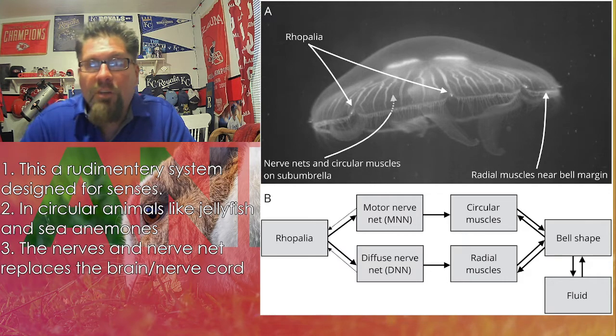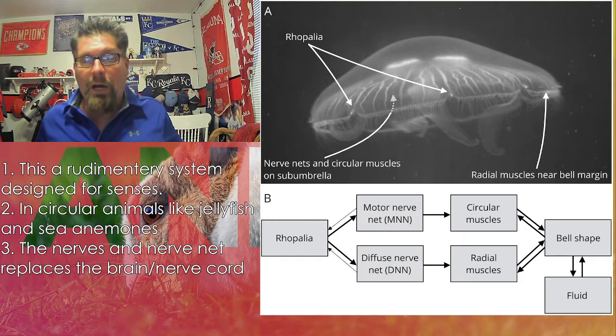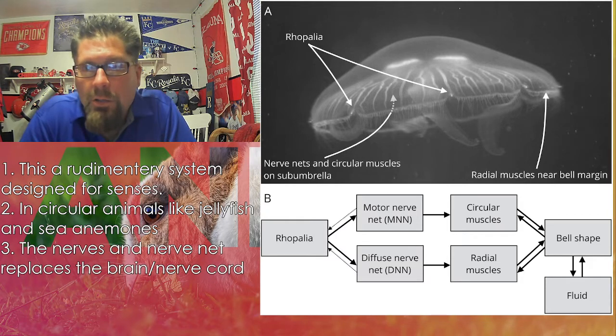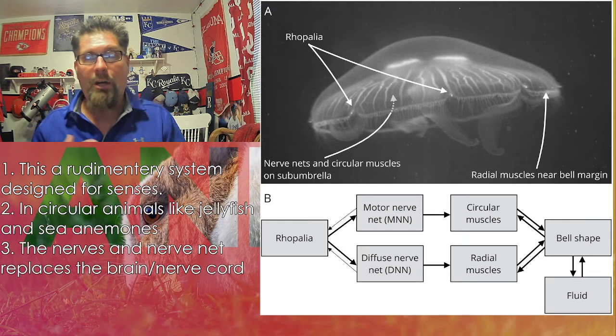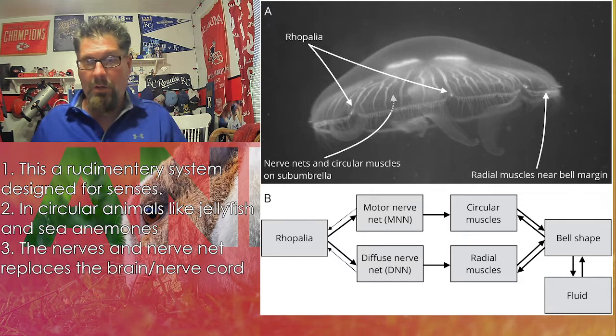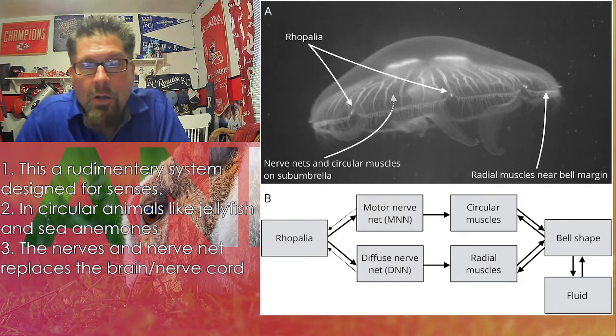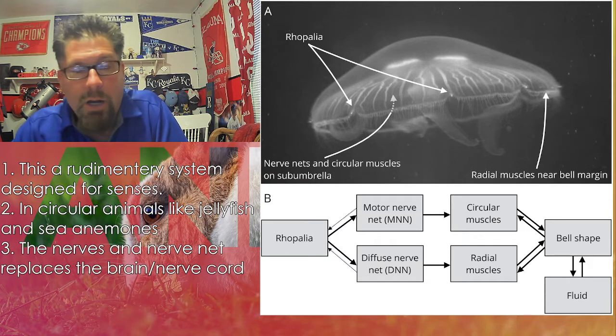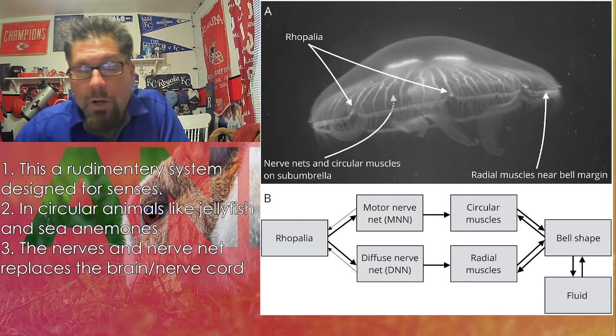A nerve net. I mean, they've got the sensors, the rhopalia, as you can see there, and then just around the organism is like a net of neurons as opposed to a pathway like what we have. The nerves and nerve net replaced kind of the brain and nerve cord process.